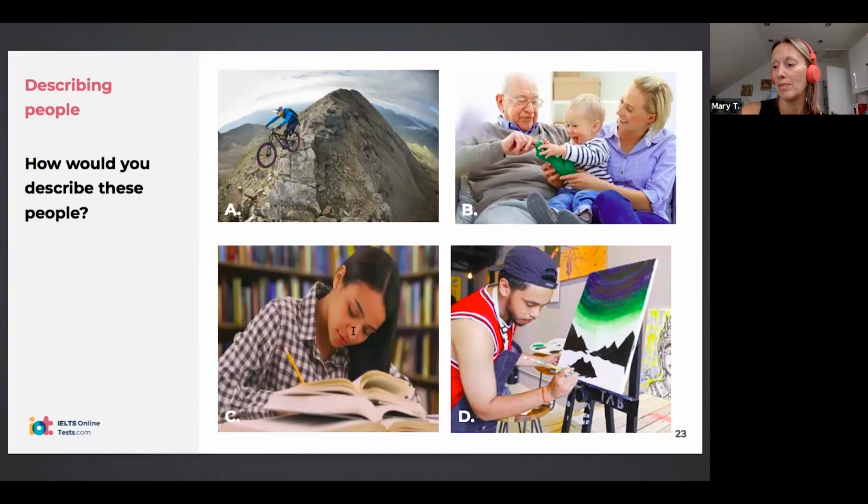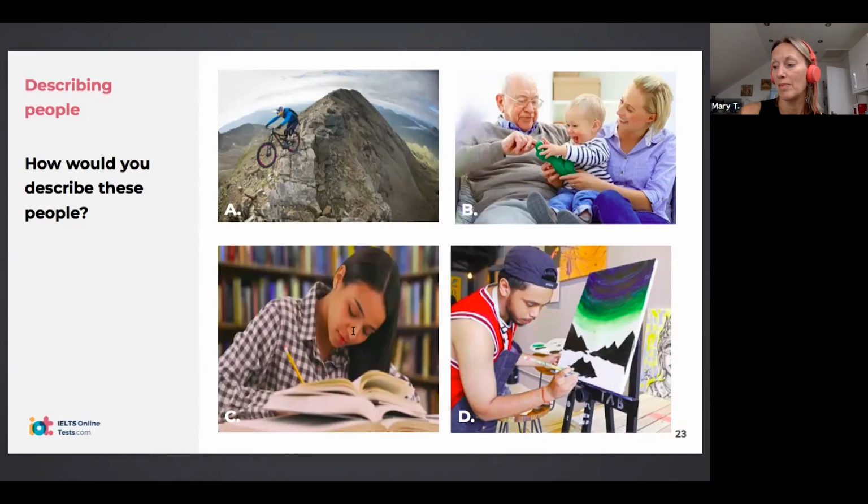Okay, and what about C? Ambitious, nice. Studious is another good word. Okay, make sure that you're using adjectives, not nouns. So you could say, yeah, hardworking, determined. She's absorbed in her book. That's a nice expression. You could also say, I came up with diligent.